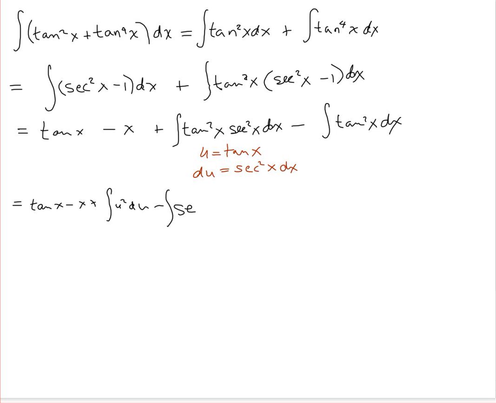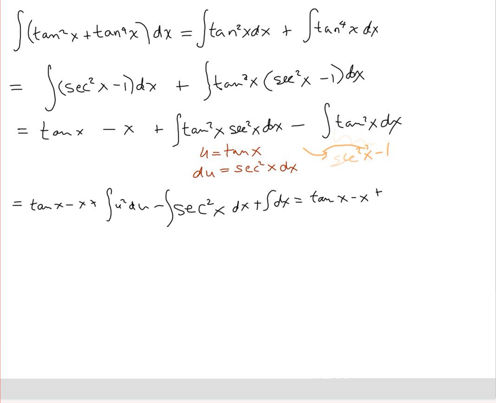So that's secant squared x dx minus the integral of dx. And so that's going to be tangent of x minus x plus, oh wait, that negative's got to distribute. Look at that, that's a plus. Remember, this is secant squared of x minus 1, and that negative distributes to both of those. So that becomes a plus there. Okay.